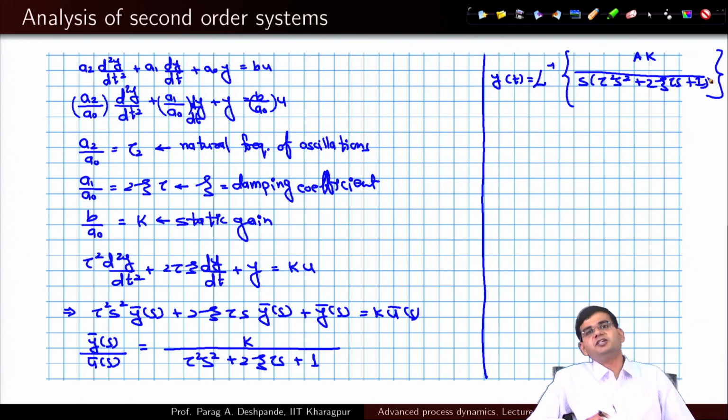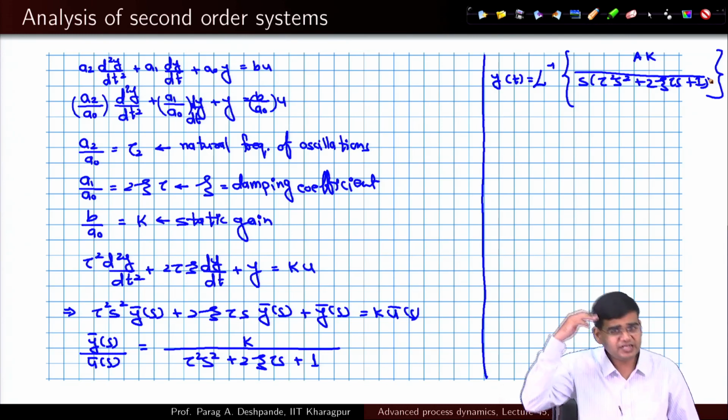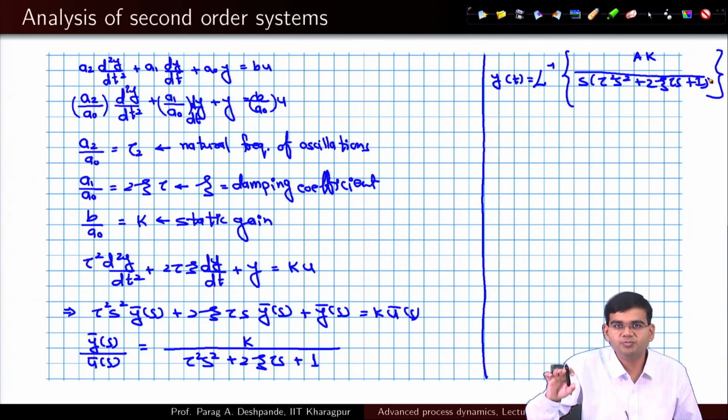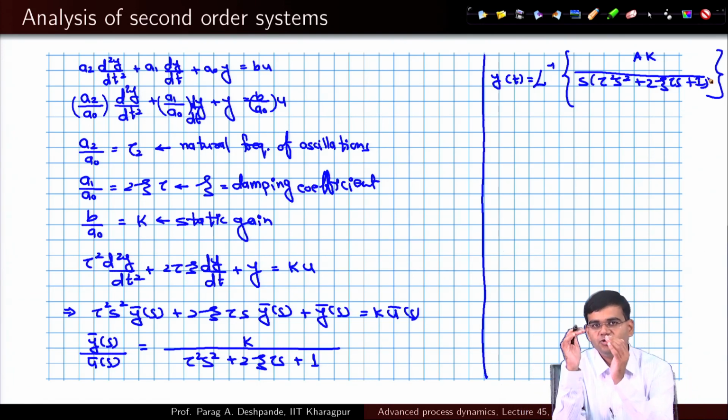And how would I determine the response? Well, I will need to do partial fractions, right. So, I assume that there is a way that I will be able to split the quadratic polynomial and factorize it.